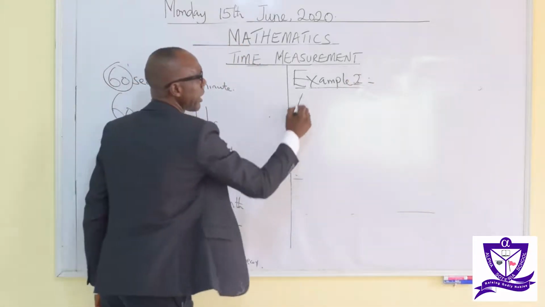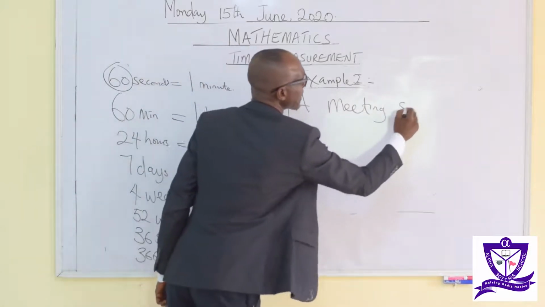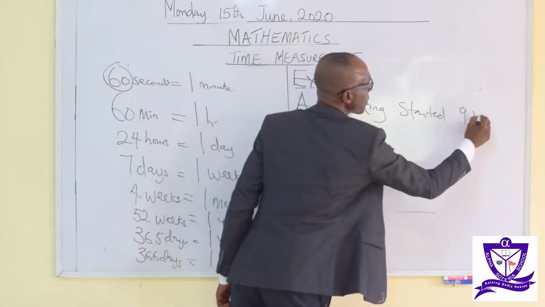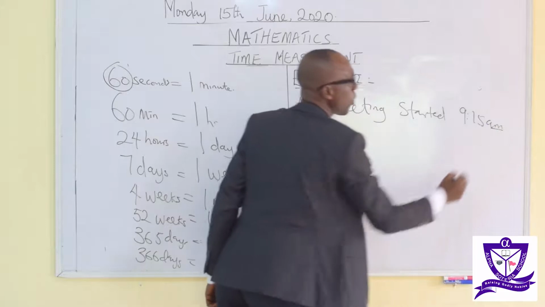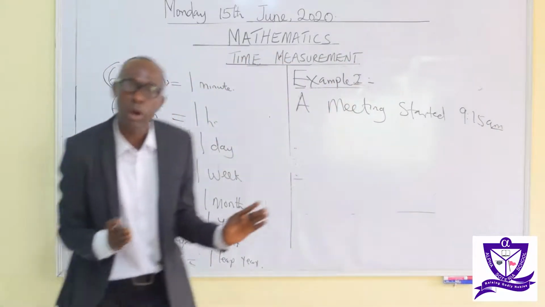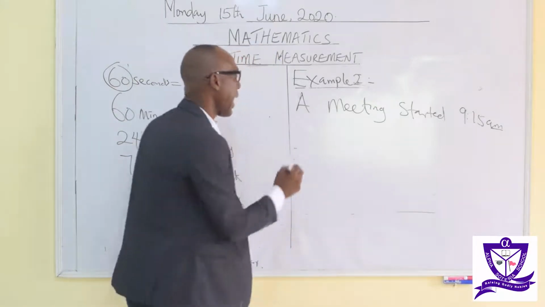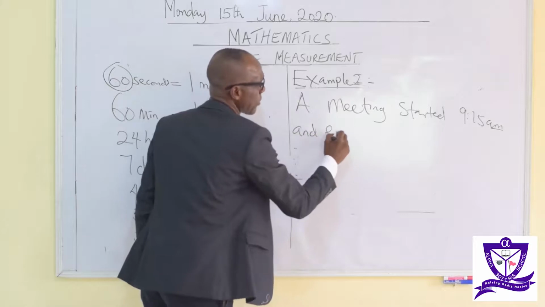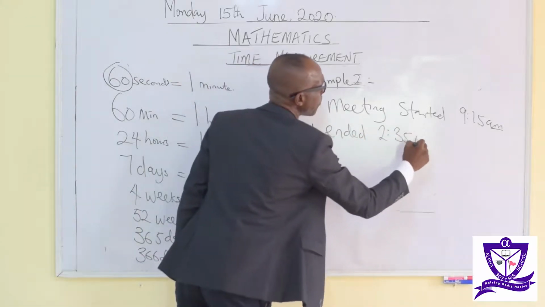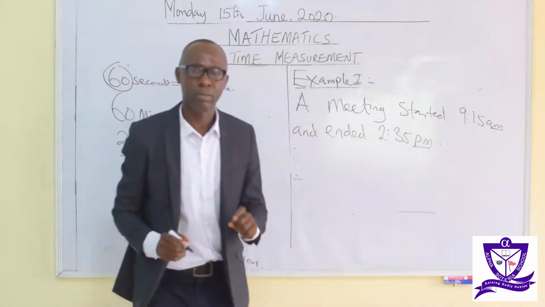We are told a meeting started 9:15 a.m. What is a.m.? I've explained to us a.m. means before noon, before 12 o'clock. And ended 2:35 p.m.